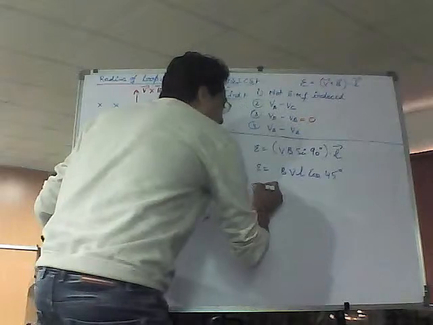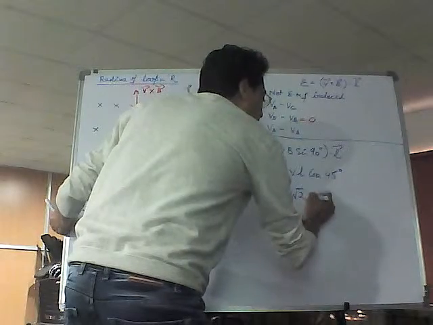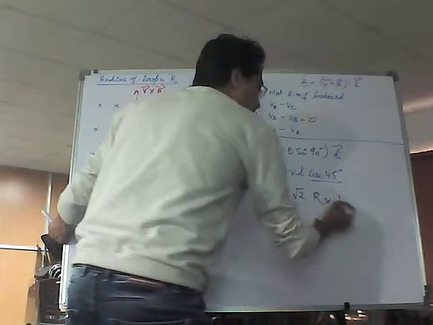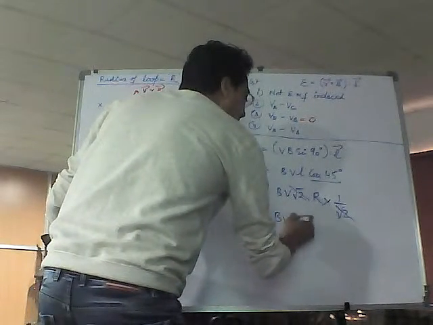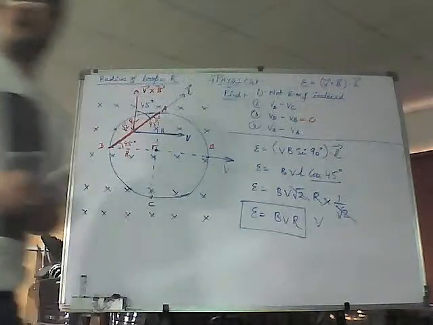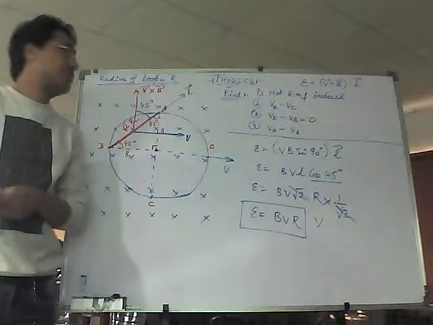So E is equals to B V, L कितना है, let √2R into cos of 45, 1 by √2. √2 gets cancelled, so I have EMF E as BVR volt.